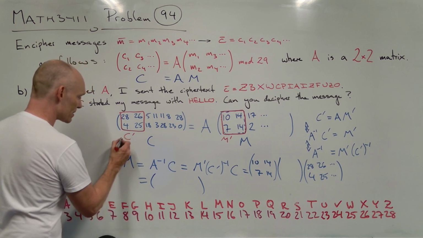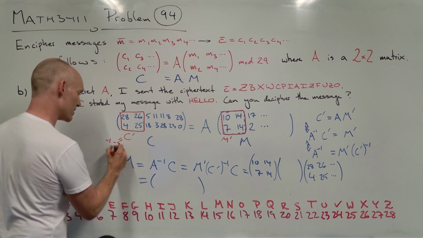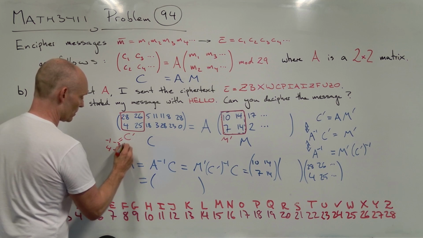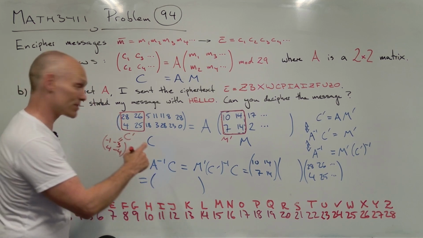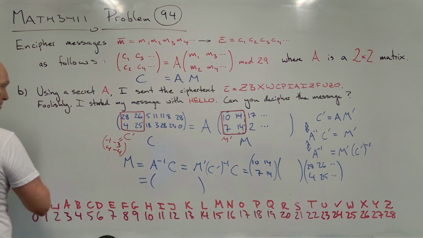And if we tidy that up a little bit, 28 is the same as -1, 26 is the same as -3, all of it mod 29. 4 is 4, -4 instead of 25. That's a little bit easier to deal with. So what's the inverse of this matrix?